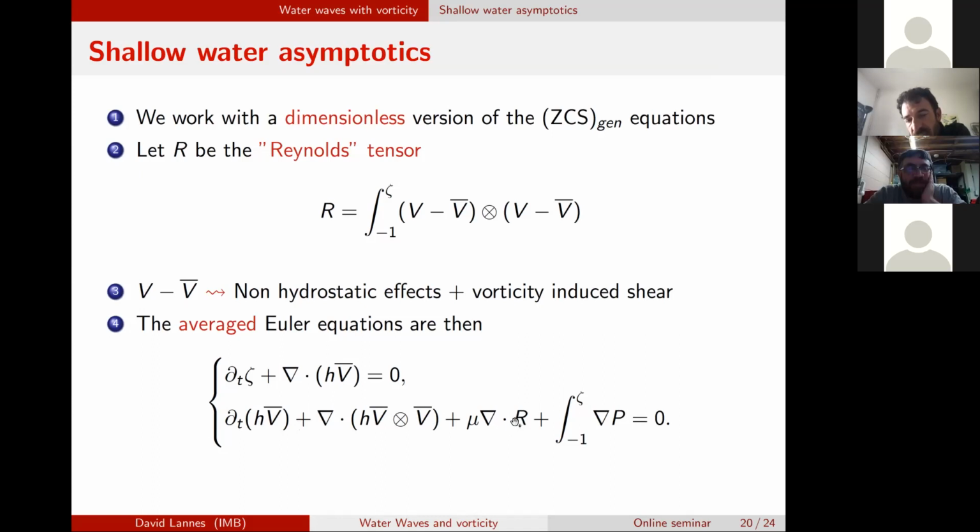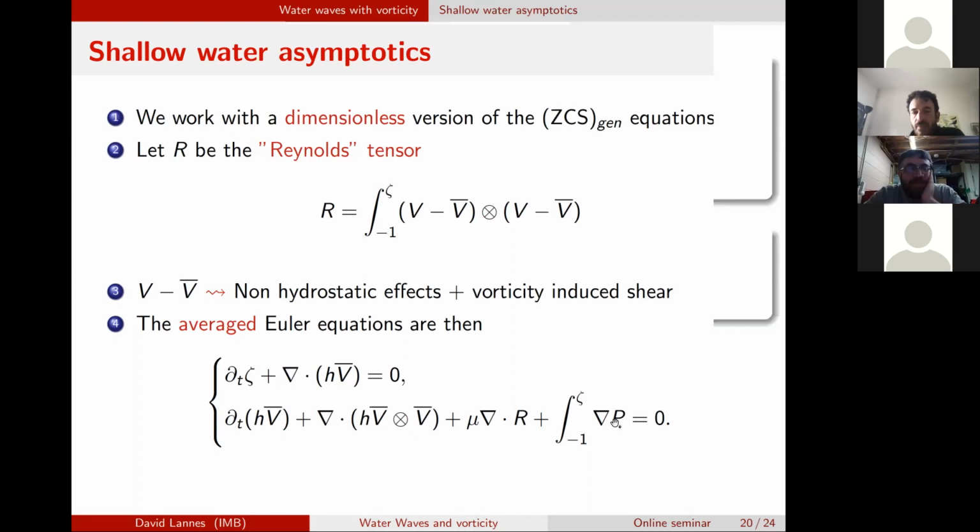This term R comes from the divergence of the integral of v square, and I decompose v as v bar plus v minus v bar. So this is why I can write it like this. And you have also the integration of the gradient of the pressure.